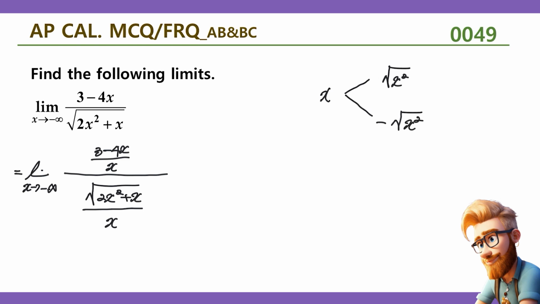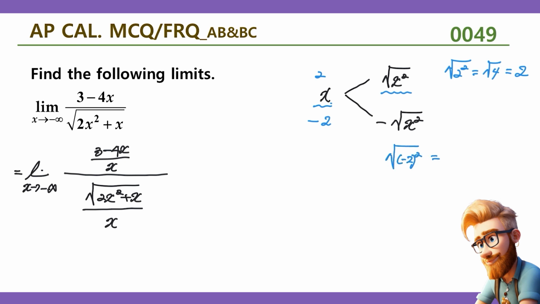If x is a positive number, let's say this x is positive 2, then this x can be written as the square root of x squared. Think about this: the square root of 2 squared is the square root of 4, which is equal to 2. So if x is positive, it is equal to the square root of x squared. But what if x is a negative number? Let's say x is negative 2. Then we have to have negative the square root of x squared here, because if we don't have the negative, that's going to be the square root of negative 2 squared.